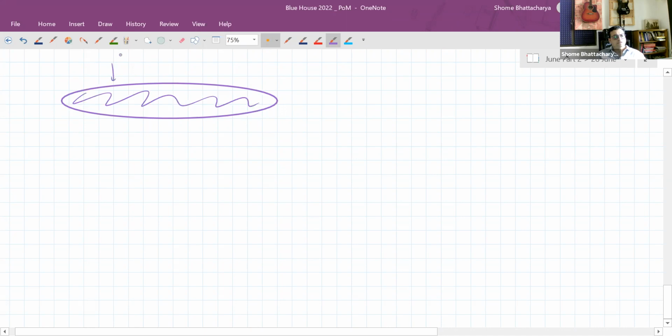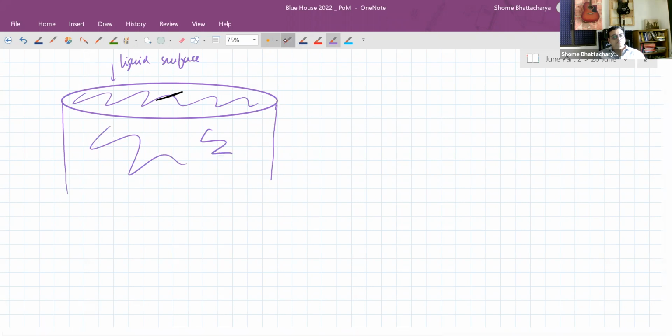So this is a liquid surface, some liquid in a container like this. Now there is a thin metal needle kind of thing.